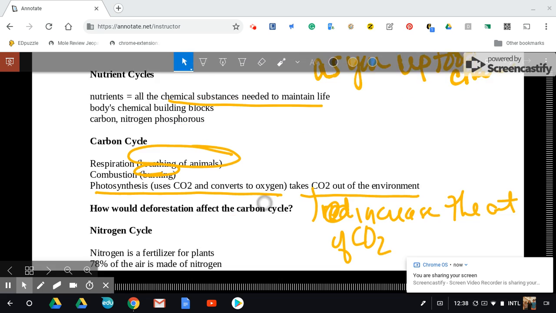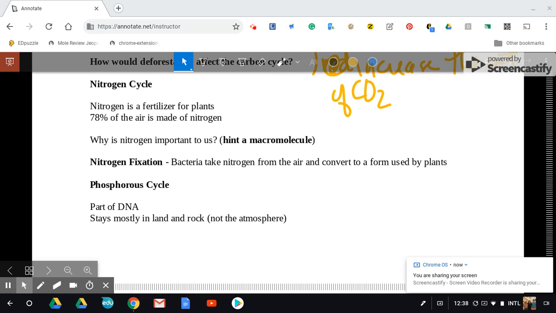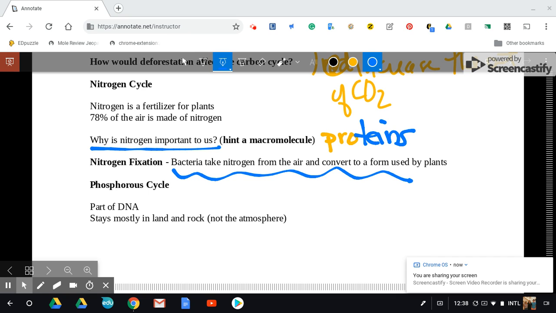Okay, so let's look at the nitrogen cycle. Nitrogen is needed for making proteins, so it's very important. Plants cannot just take nitrogen out of the atmosphere, even though it's the most abundant gas. So bacteria have to fix it in some way.